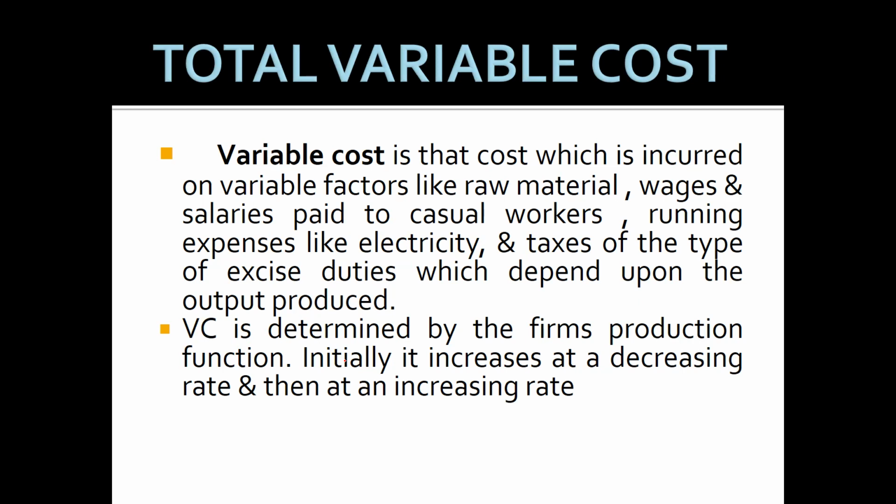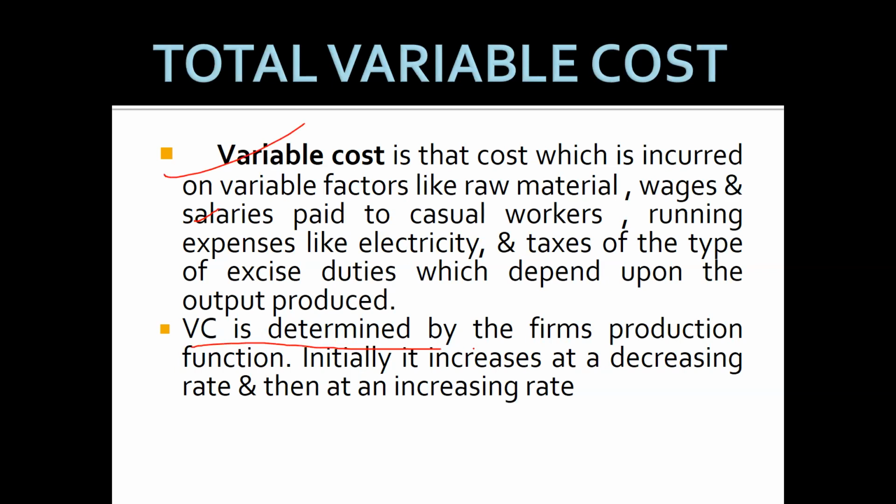Let's say for 15 days we are producing, so we require raw material and daily wage workers. For the next 15 days our firm, our factory is closed, so we do not need any raw material, any daily wage workers, or running expenses like electricity, taxes, etc. So that is the variable cost.